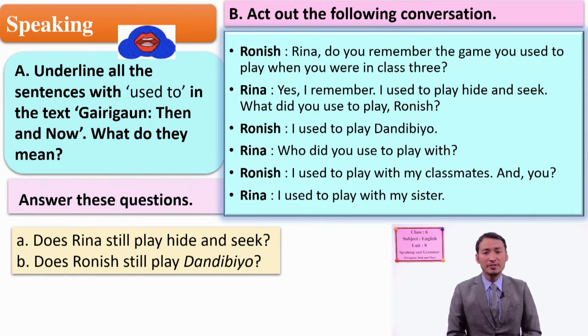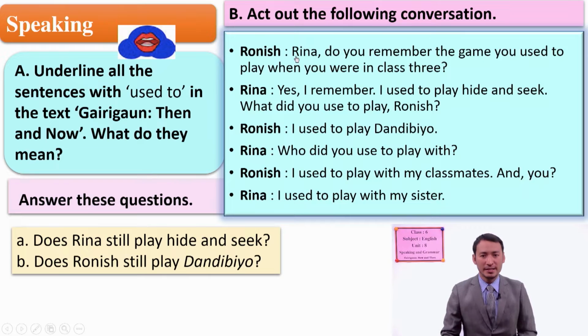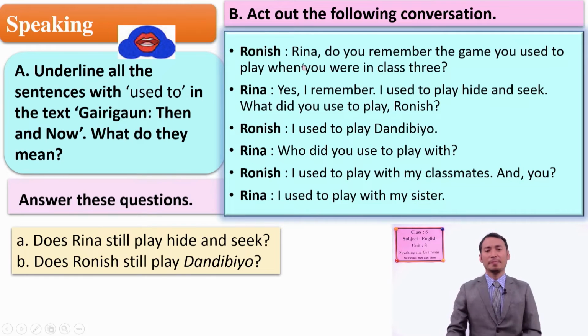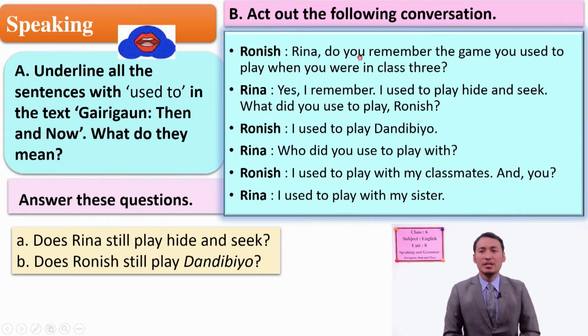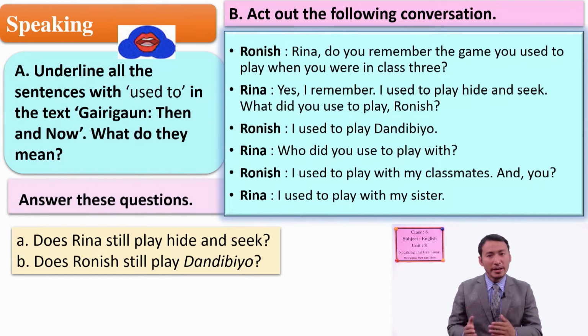Okay, students, let's read the first dialogue. Ronis says, Rina, do you remember the game you used to play when you were in class 3? So he's asking her to remember the game which they played in the past when they were in grade 3. What does Rina say?